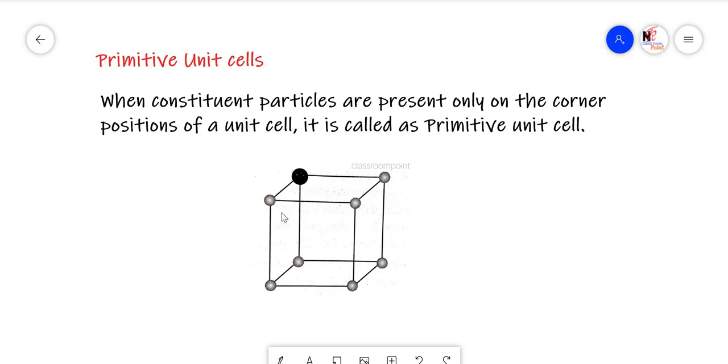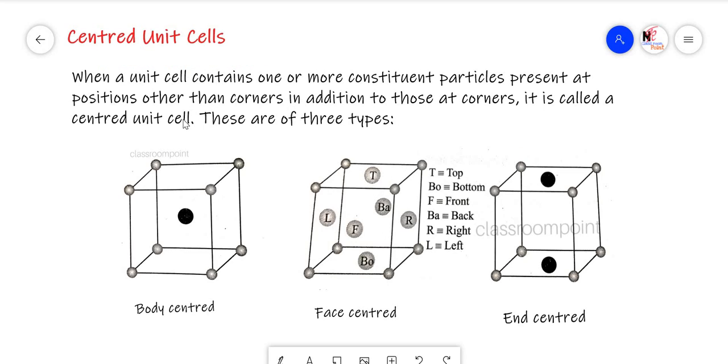Primitive unit cell. This type of unit cell is very simple, in which the particles are present only at the corners. So if the constituent particles occupy only the corner positions, such unit cells are called primitive unit cells. Centered unit cells.